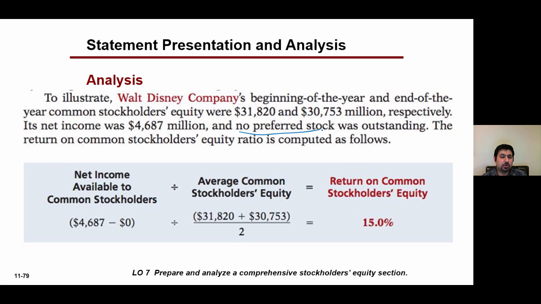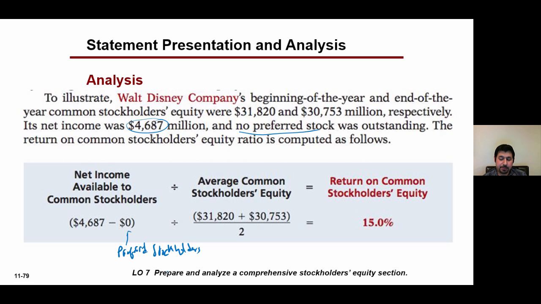The return on common stockholders' equity will be computed by dividing net income available to common stockholders. So net income was $4,687 minus, for preferred stockholders, 0.